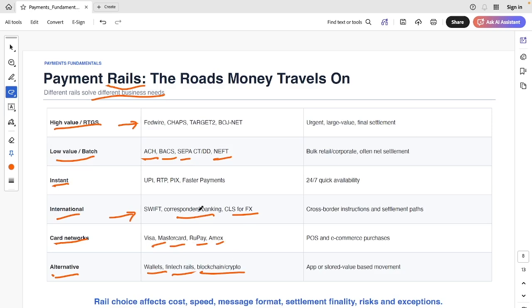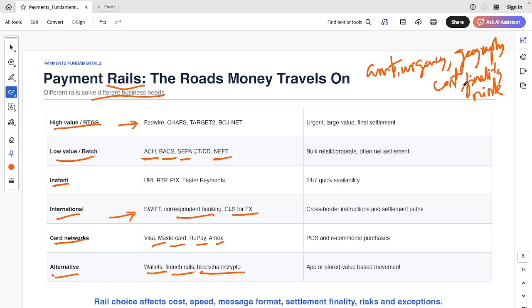So think of it like roads. For a heavy truck, you need a highway. For a bicycle, a small lane is enough. For emergency travel, you may need an expressway. Similarly, payment rail selection depends on the amount, your urgency, geography, cost, finality, and risk involved.